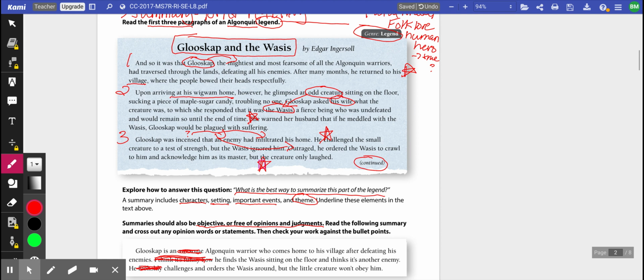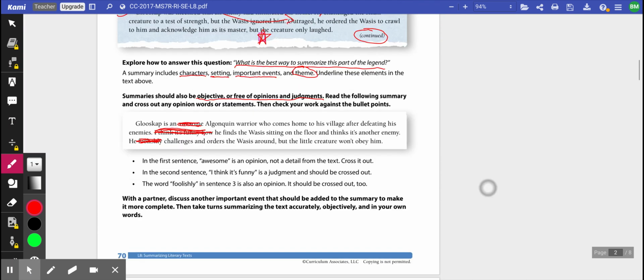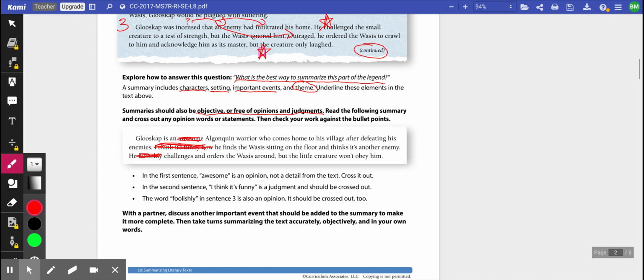But since the text didn't say he was doing something silly, we can't say that he did something silly, right? So, oh, look down here. We've already done that. We crossed out awesome. We crossed out, I think it's funny, because it's a judgment. And we crossed out foolishly once again because it's another opinion.